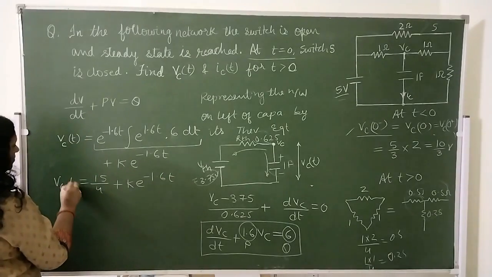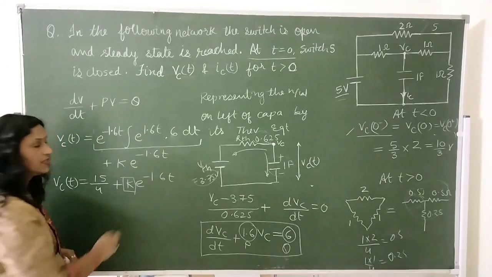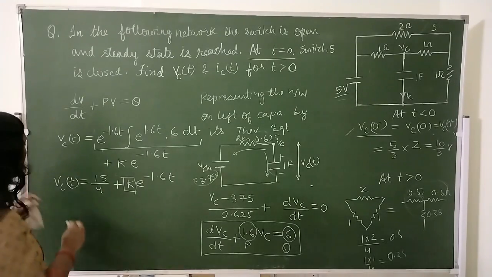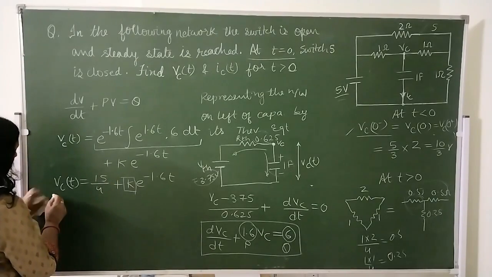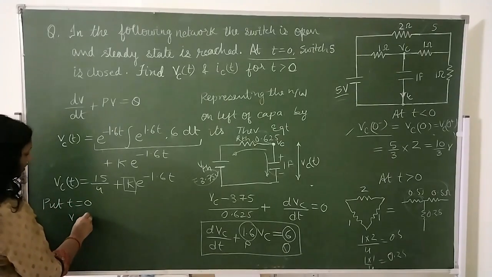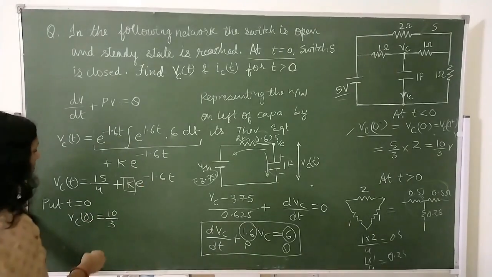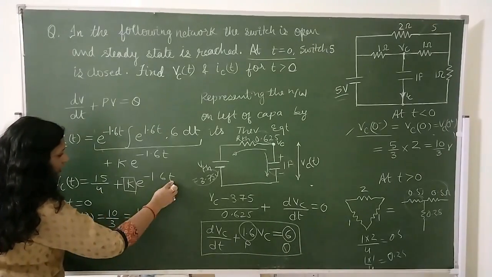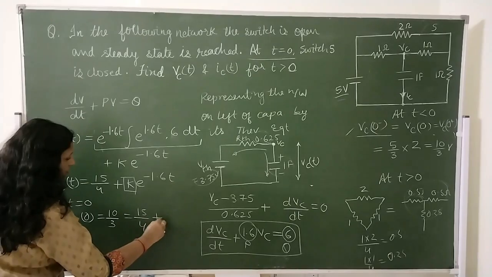This is the expression for VCT. Now we will find the constant k with the help of the initial condition. We know the initial condition, that is VC(0-) equals 10 by 3. So put t equals 0 in this equation. VC(0) equals 10 by 3, and this equals 15 by 4 plus k, since e to the power 0 equals 1.